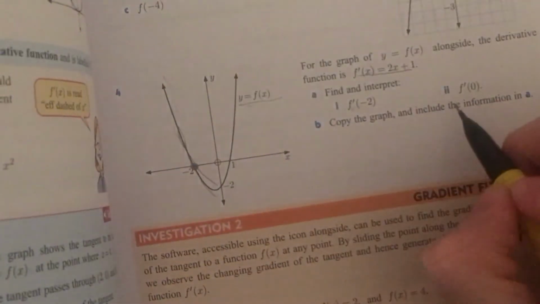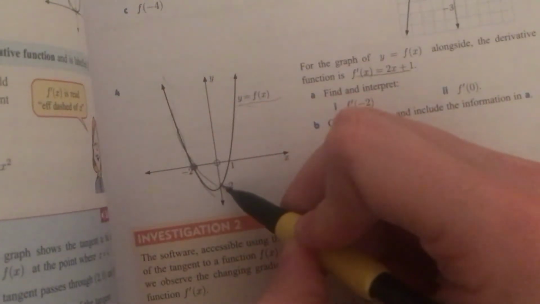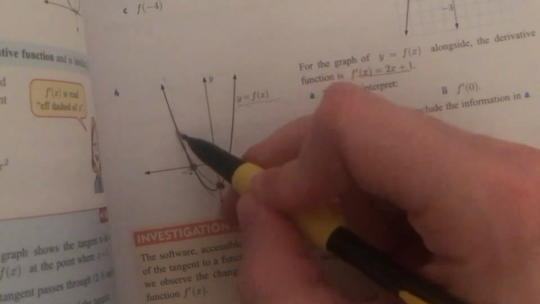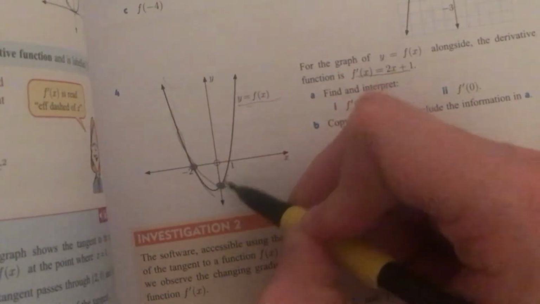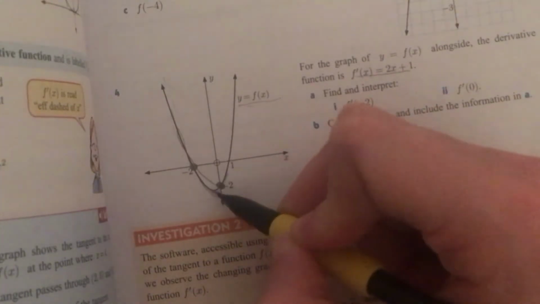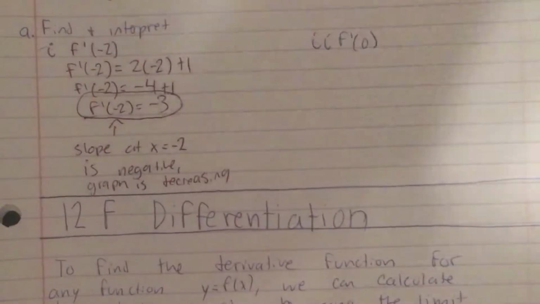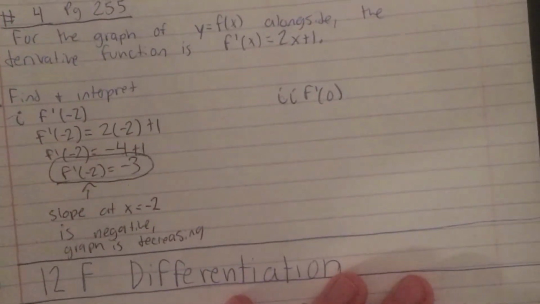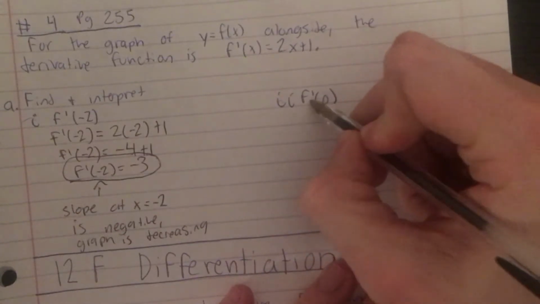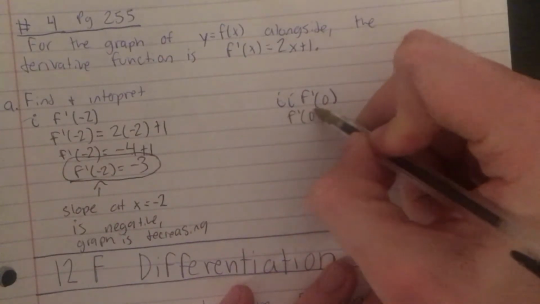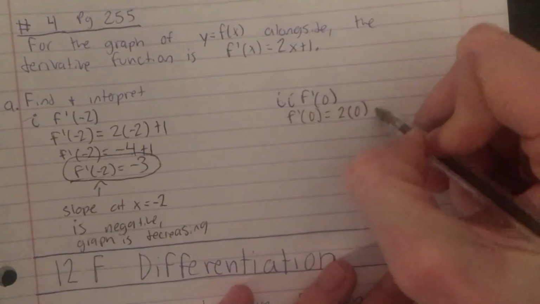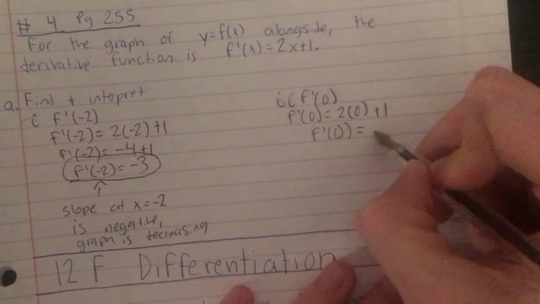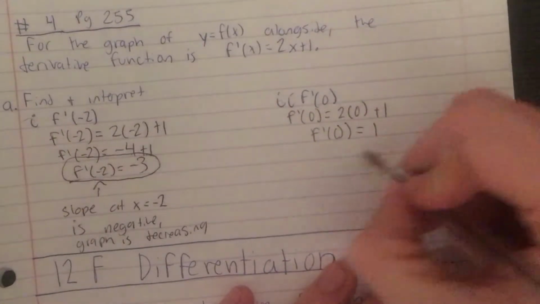Then we're going to do the same thing for 0. If we go to 0, we haven't calculated it yet, but it should be a positive slope because the graph is increasing at that point. Let's calculate that just to confirm. For f prime of 0, that's going to be 2 times 0 plus 1, so the slope at the x value of 0 is just going to be 1.